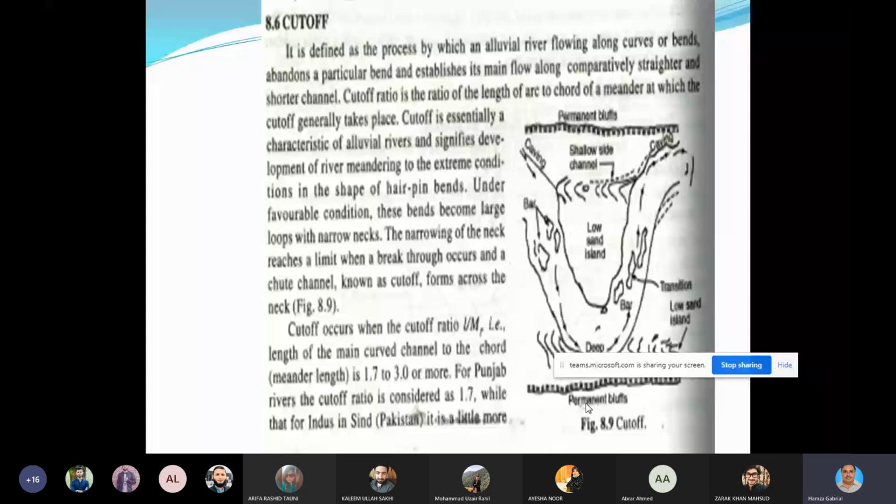This upper portion that you can see, the river will start flowing in the shortest distance and this part will be cut off. It will be cut off from here and an oxbow lake will form.